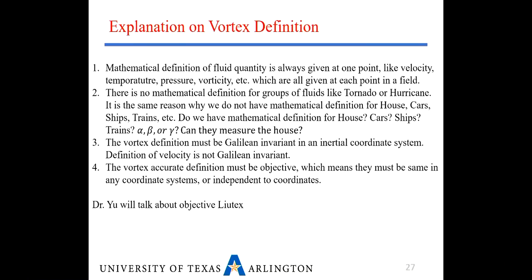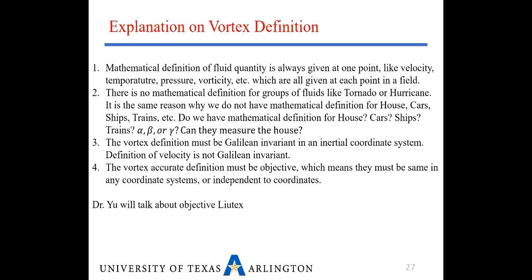I don't think there is any mathematical definition for houses, cars, ships, or trains. Even for Toledo, how do you give a mathematical definition? There's no way. A definition is given at one point. If one point does not stand, how about the group? We must meet at one point.